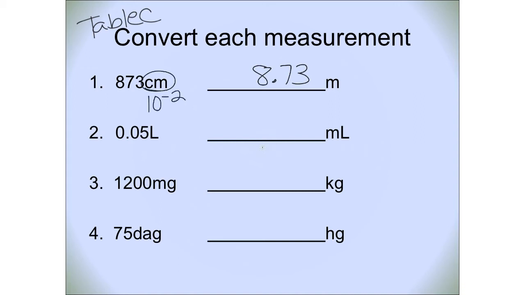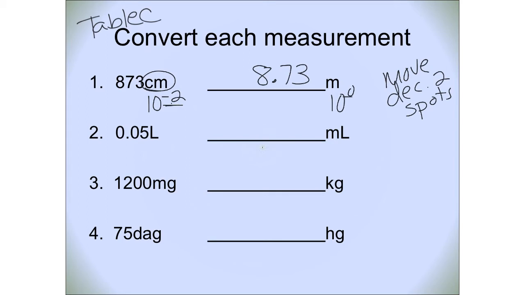M stands for meter. That's a base unit, so that's 10 to the 0. Remember I said I was going to come back to the 10 to the 0 in base units. So this tells me I need to move my decimal 2 spots, because the exponents differ by 2.